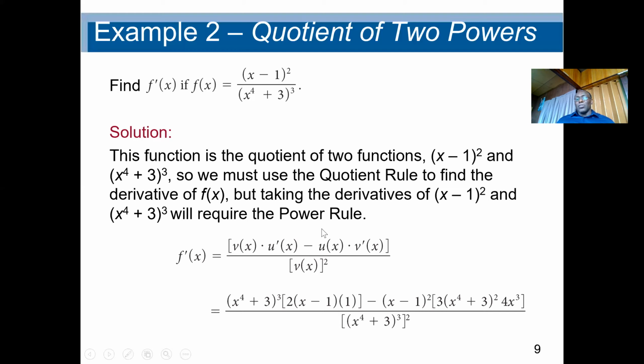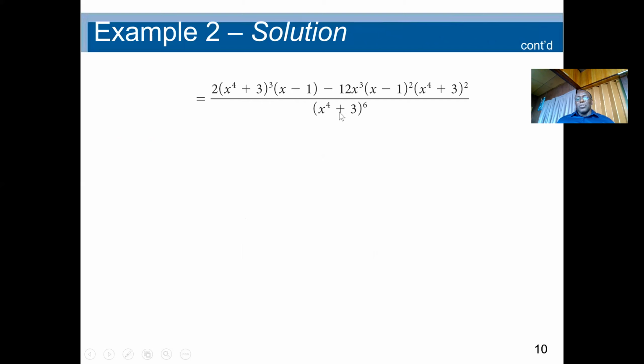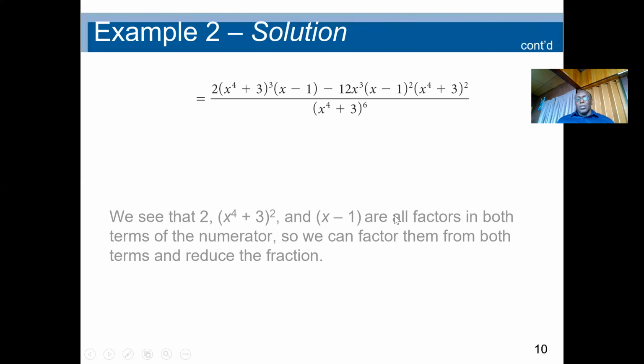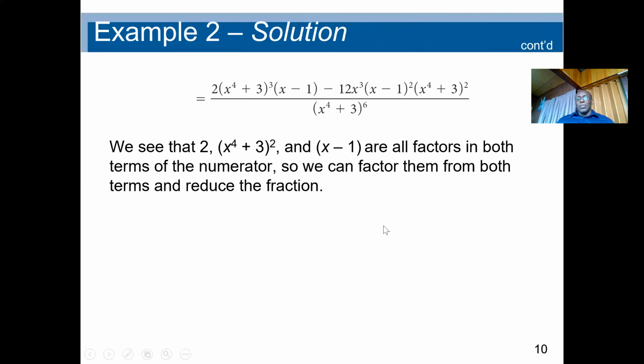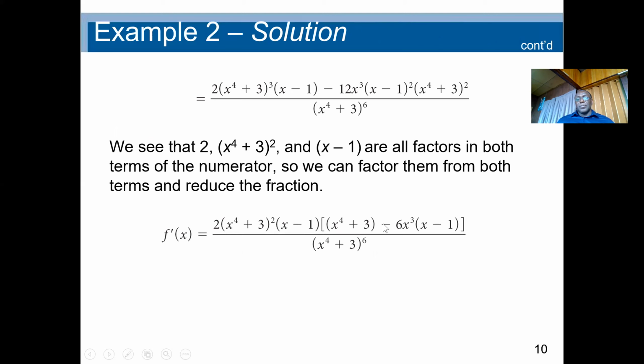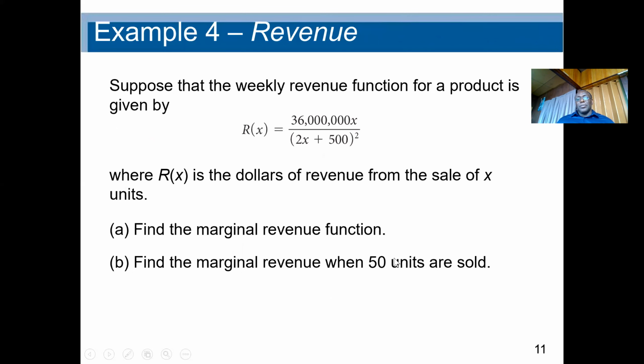But in the process, some of the term is raised to a power, so we have to use the power rule. So here we can simplify, or we can leave our final answer as it is. If you want to factorize again, simplify, that's fine.